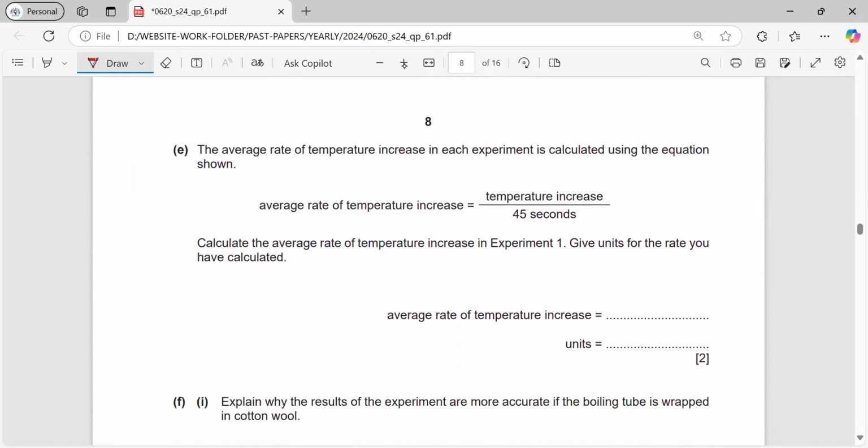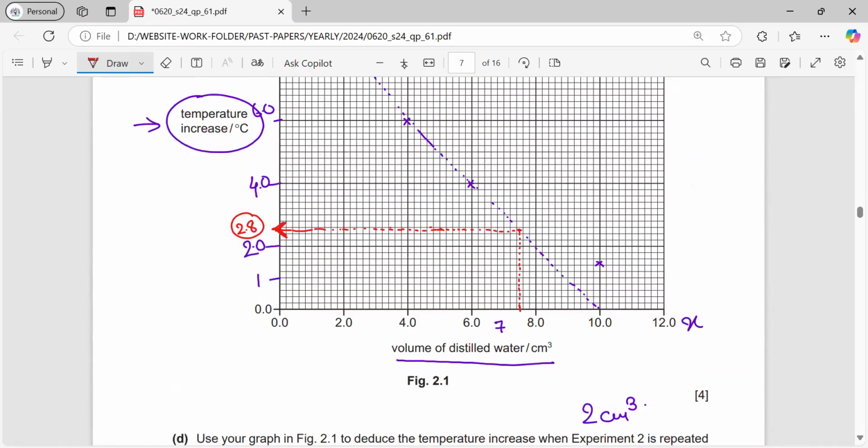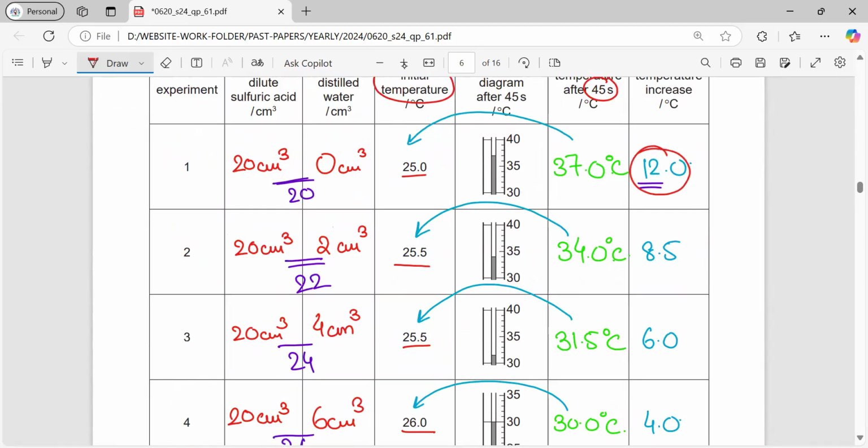Then the next question: the average rate of temperature increase in each experiment is calculated using the equation shown. To find the rate, we have the formula temperature increase divided by time taken. Calculate the average rate of temperature increase in experiment 1. In experiment 1, the temperature increase was 12, divided by 45.